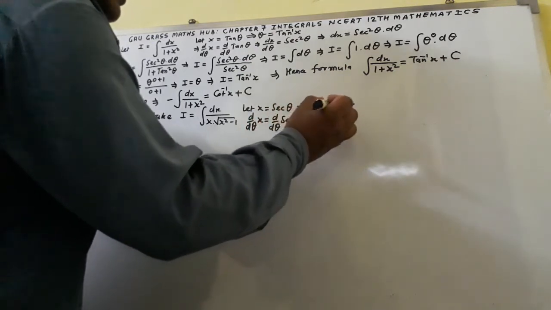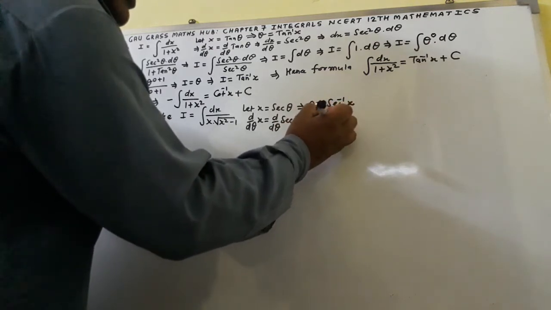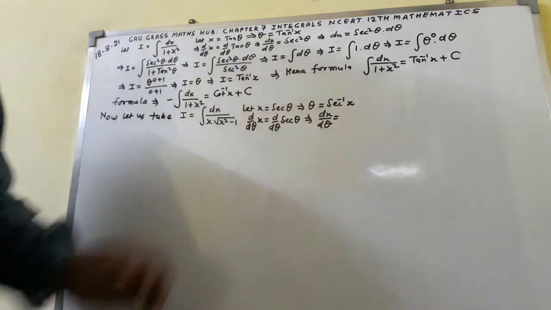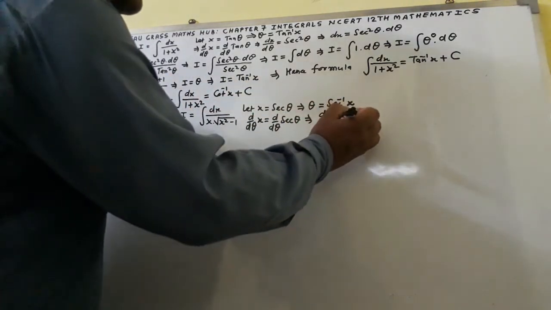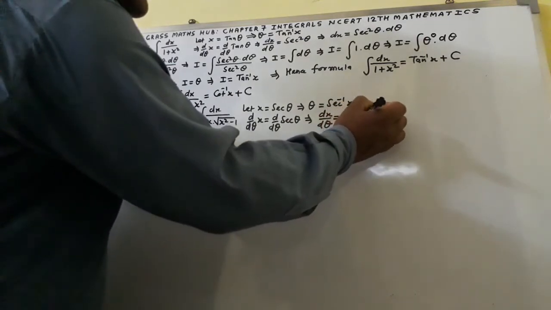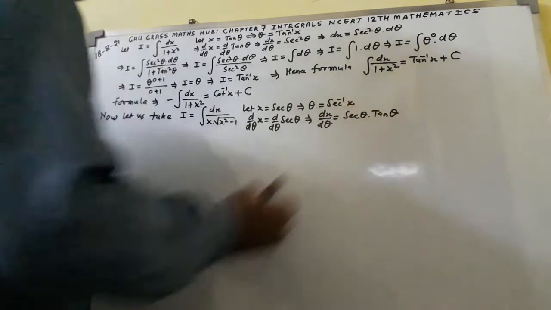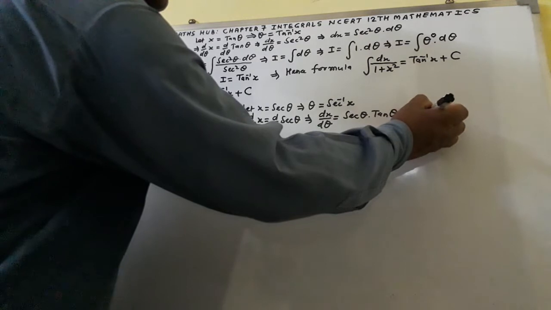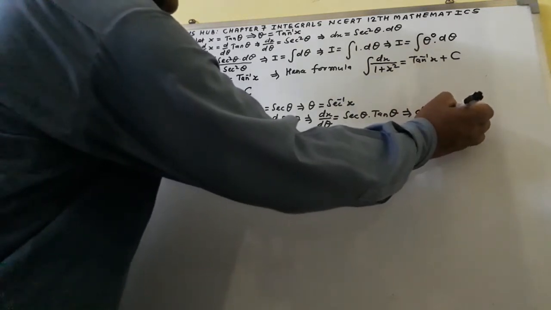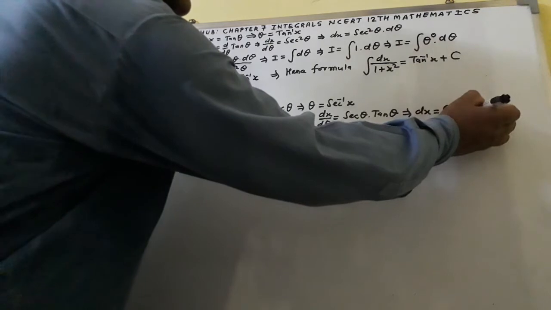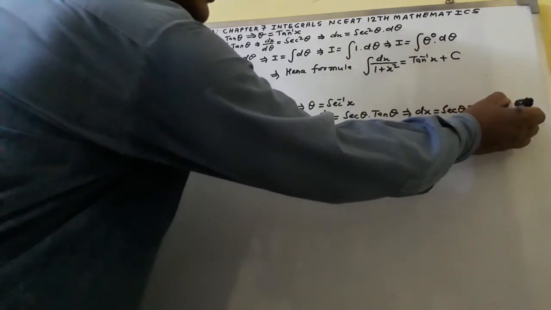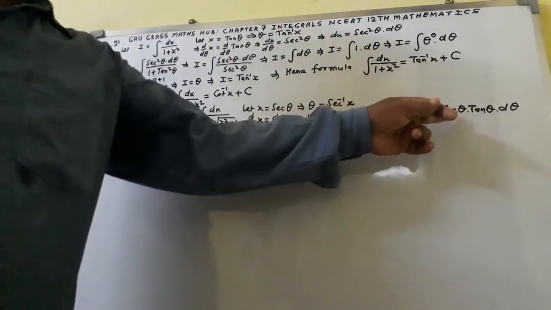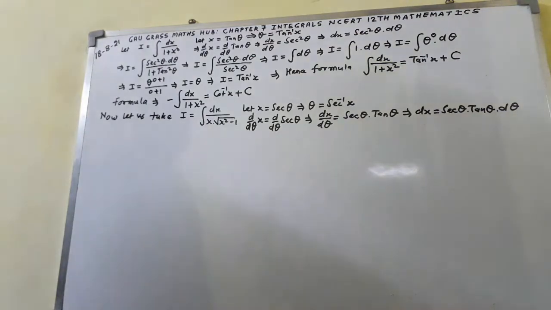We shall get dx over d theta equals d over d theta of sec theta, which comes out to be sec theta dot tan theta. We will get dx equal to sec theta tan theta d theta. The value of dx we have got: dx equals sec theta dot tan theta dot d theta. This thing we have got.